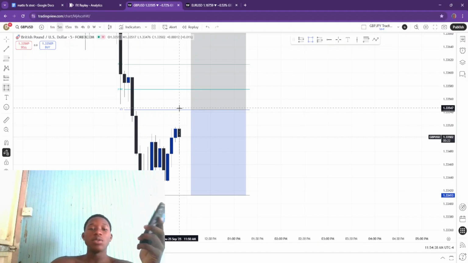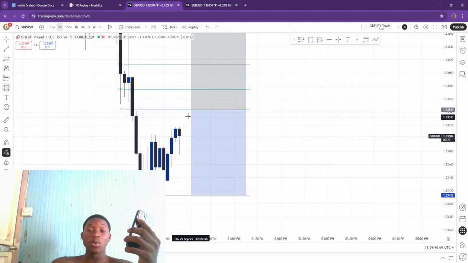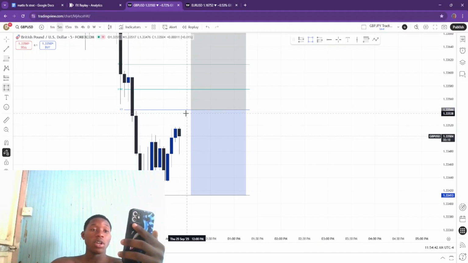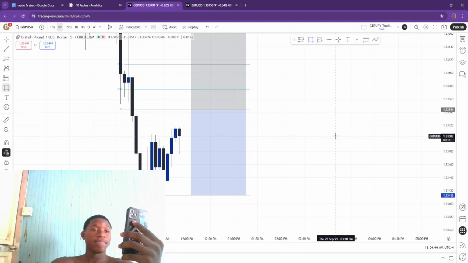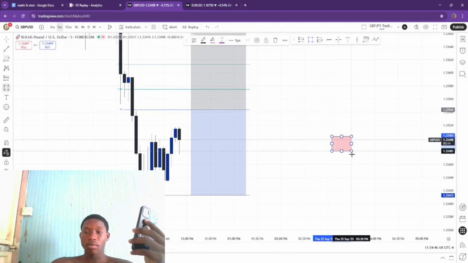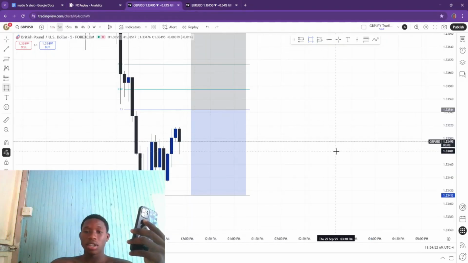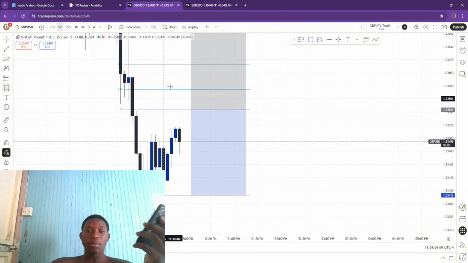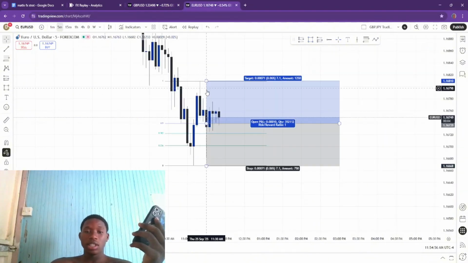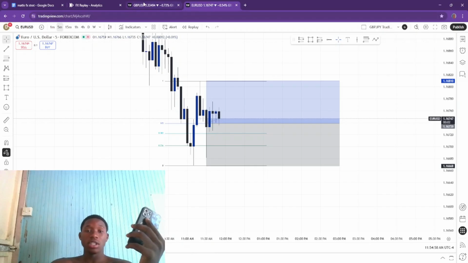That most likely going to hit that halfway line. I just don't know if it's going to hit that halfway line before 12. I hope it does so we could enter that trade because that's a lovely trade. And that's a higher probability trade than Euro USD. But Euro USD is still a good trade.